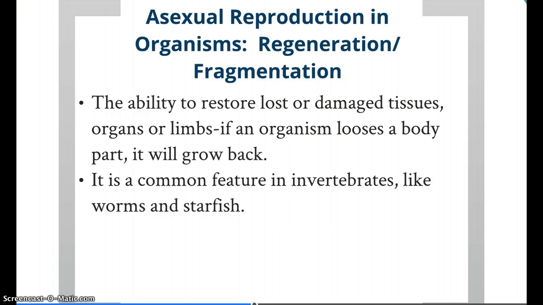The next type of asexual reproduction in an entire organism is regeneration or fragmentation. This is the ability to restore lost or damaged tissue, organs, or limbs. If an organism loses a body part, it will grow back. It is a common feature in invertebrates like worms and starfish. Starfish have arms.